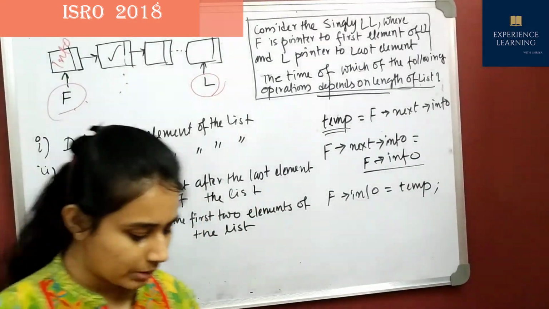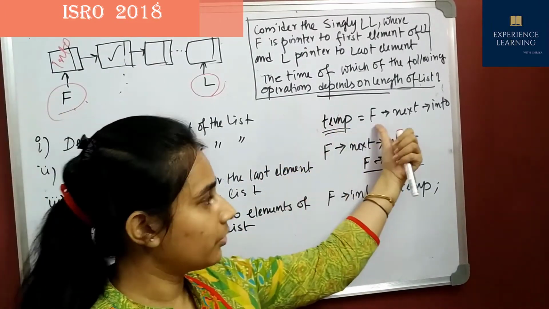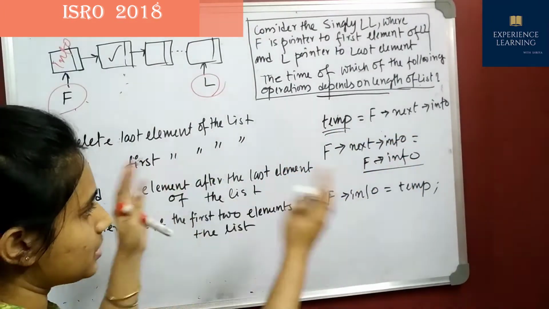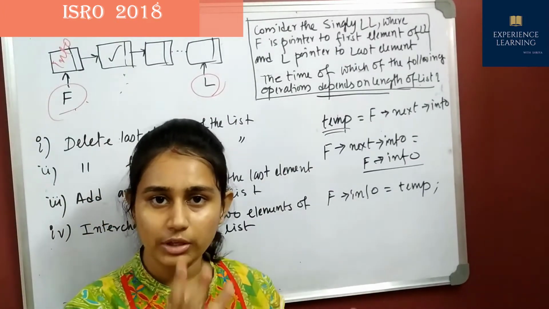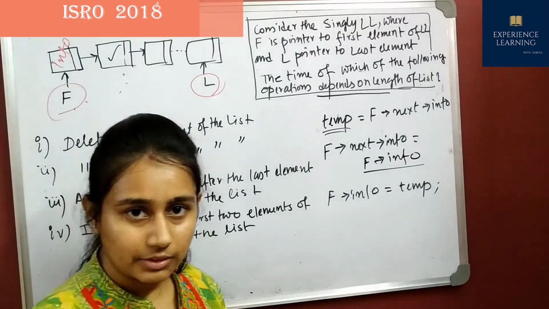So there is no need to depend on the length of the list, because just using the first pointer you can change the value. So no dependence on the length.